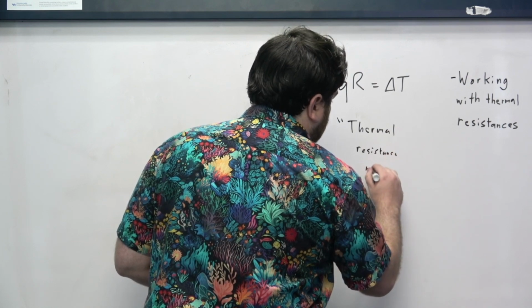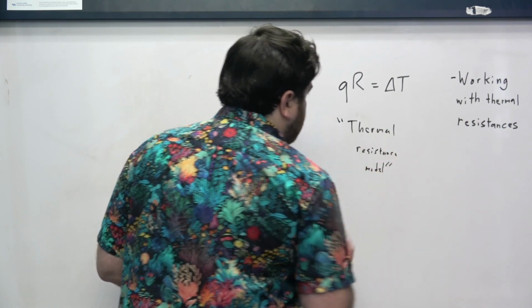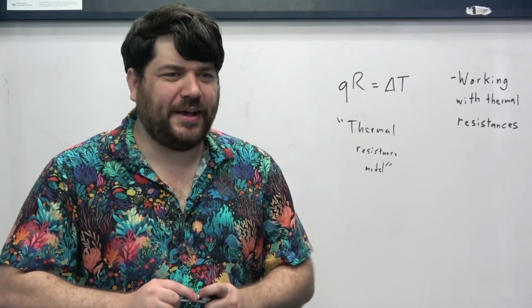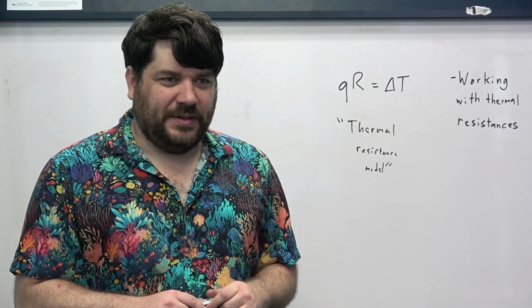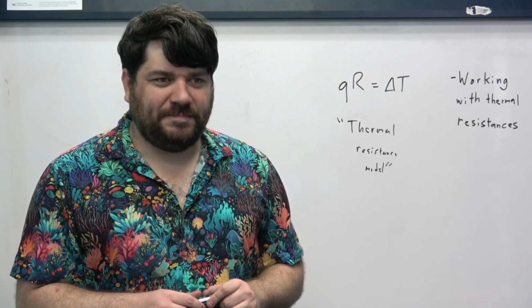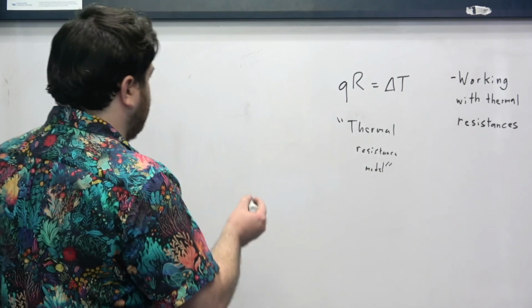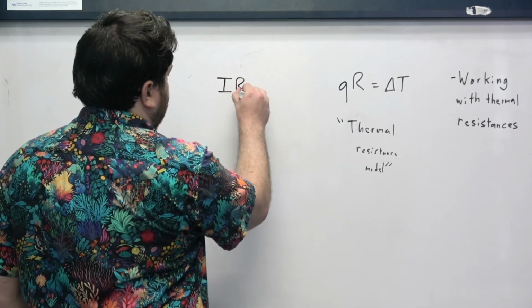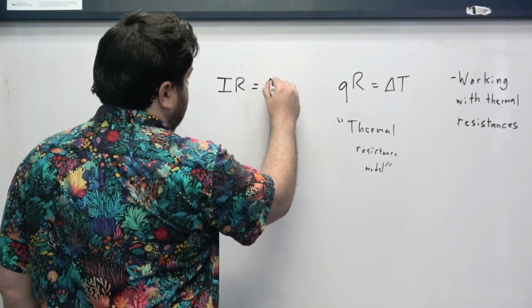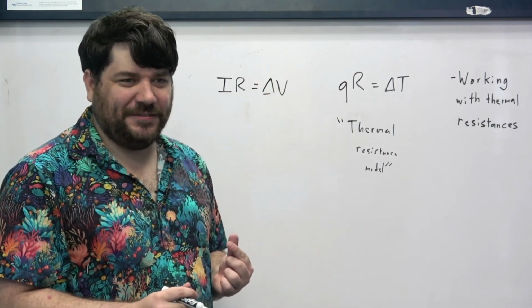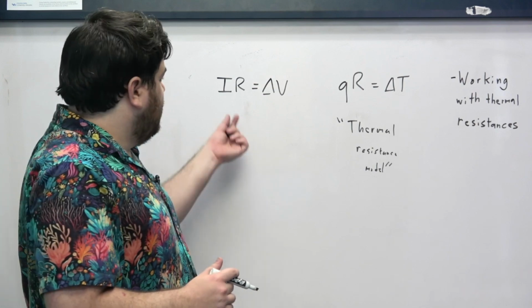And the reason that this is called the thermal resistance model is because it behaves a little bit like how you might think of electrical circuits as behaving, right? In electrical circuits, we have this idea where we can relate the electrical current that's happening through a circuit element, right? So a resistor or whatever.